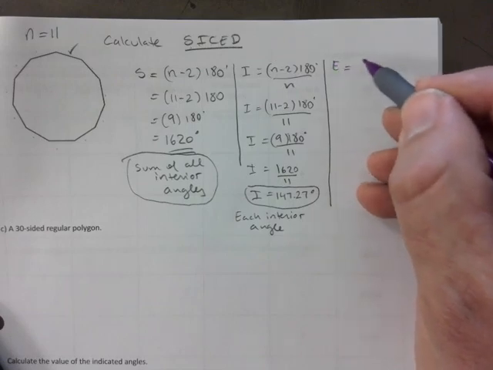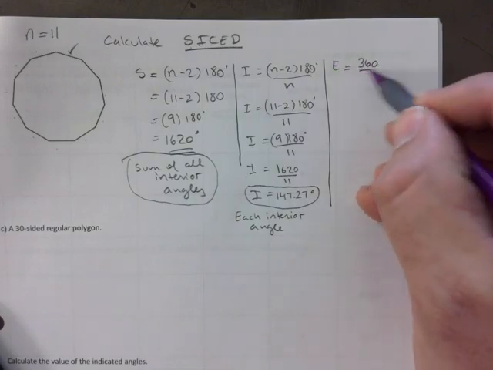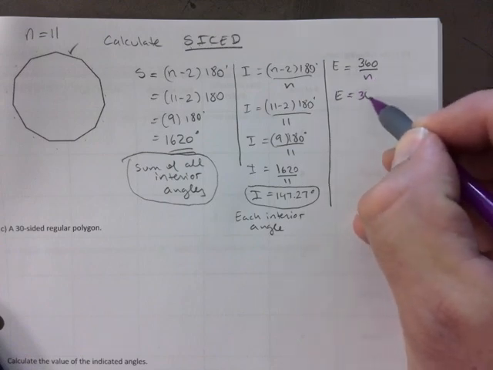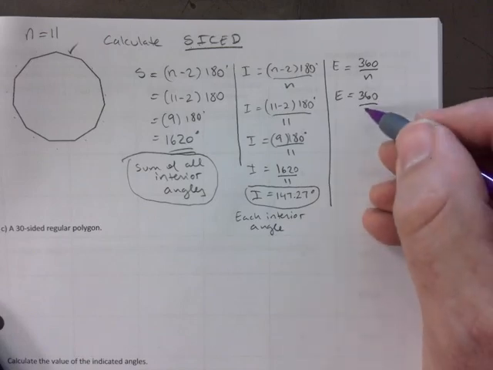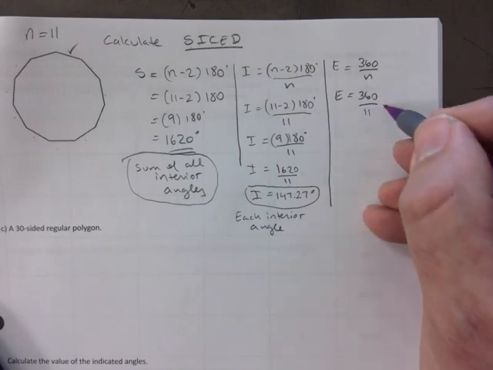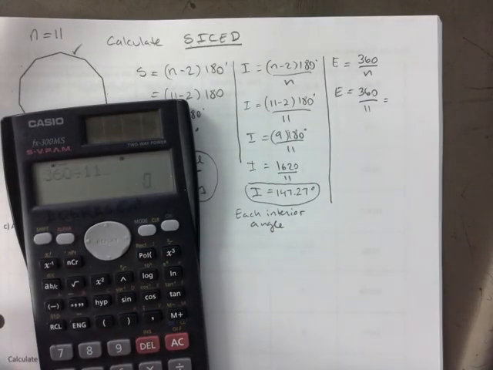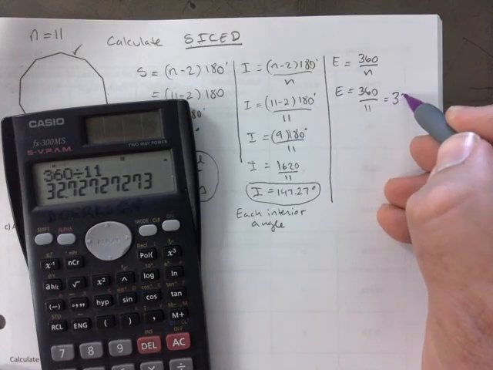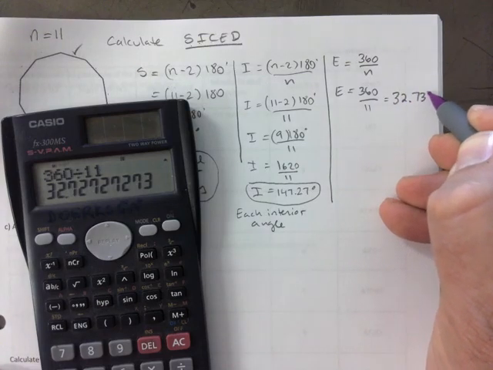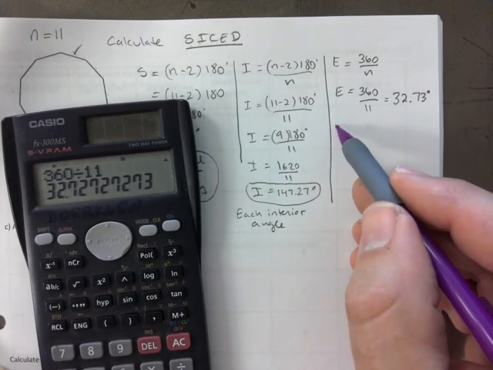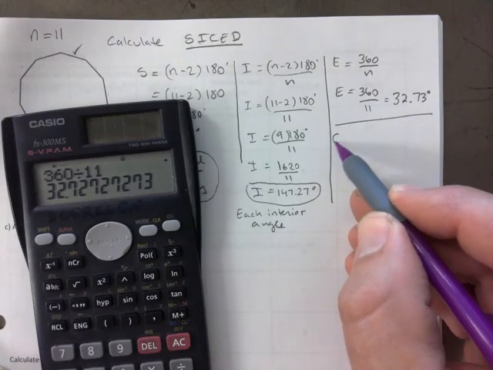Exterior angle, the formula is quite straightforward. It's just 360 divided by 11. That's 32.73 degrees.